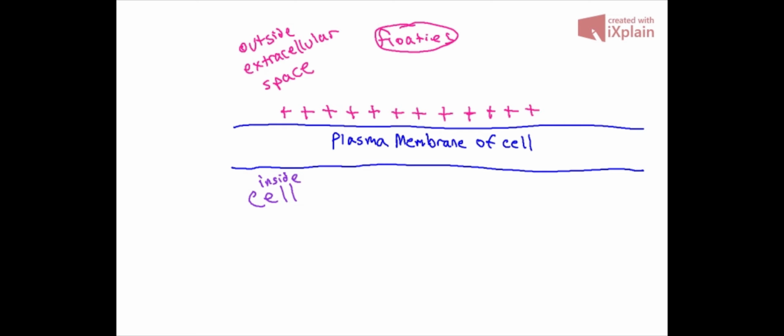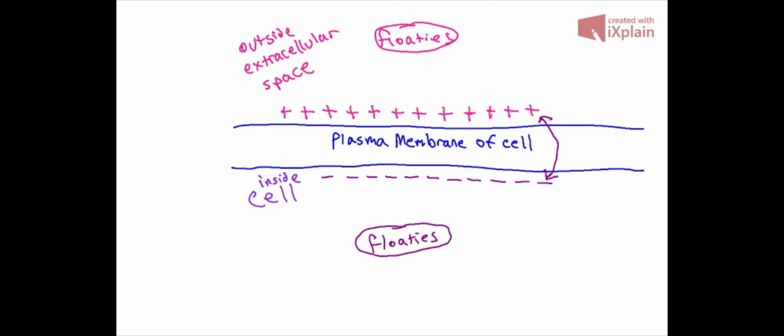Now inside the cell are a lot of floaties, and a lot of the floaties that are inside of the cell are negatively charged ions. And the negatively charged ions, again, they tend to line up right inside the membrane of the cell because the positive and negatives are attracted to each other.